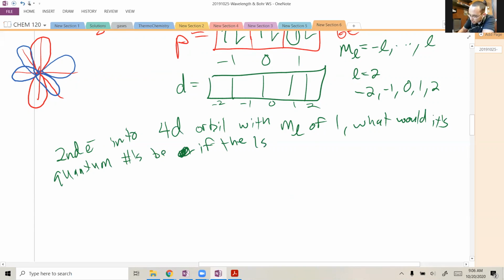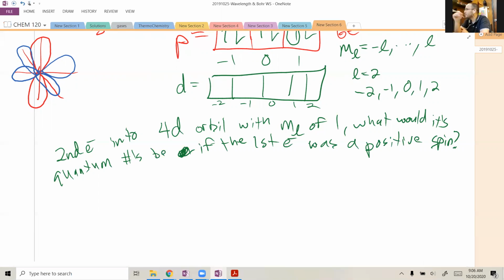If the first electron was a positive spin, we should be able to do all 4 of those quantum numbers, right? So we'll walk through this part first, piece them together, and then clarify that a little bit. So we're putting that second electron into that 4d orbital with an M sub L of 1, right?